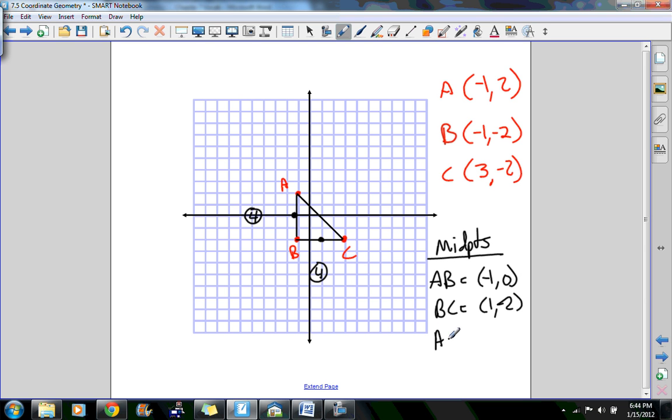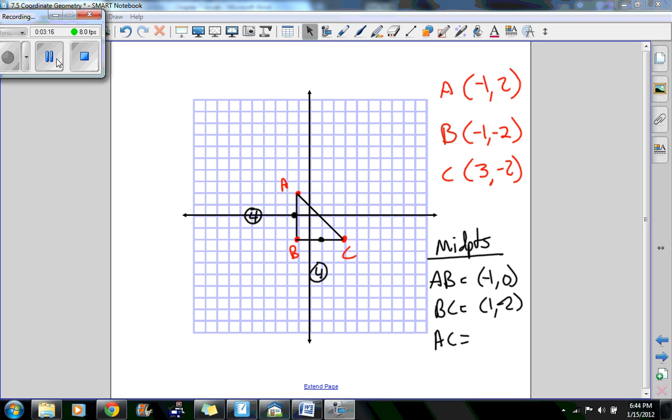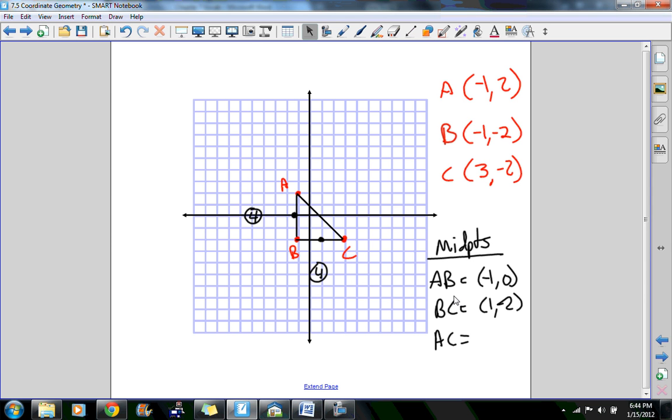Now, AC is going to be substantially more difficult. We know this is a 4-4 triangle, and we have to figure out the distance here. It doesn't want us to find the midpoint, but we do have to find the length of AC. If we remember the Pythagorean theorem, 4 squared plus 4 squared is equal to AC squared.